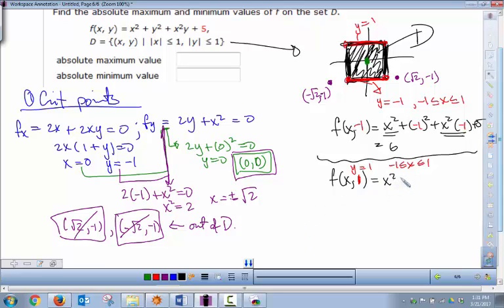So I have x squared plus +1 squared plus x squared times +1. Oops, that didn't cancel. That's too bad. Plus 5. Two x squared plus 6.